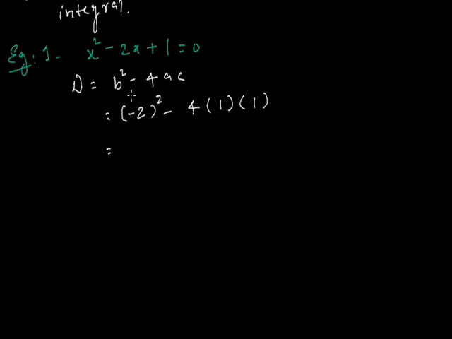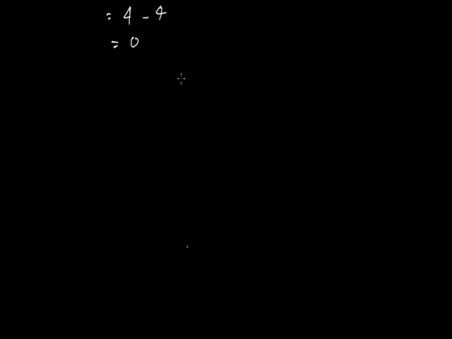Here the value of b is minus 2, the value of c is 1 and the value of a is 1. So we get the value of D as 4 minus 4 equal to 0. Here the discriminant becomes 0. So we can say that the roots of the given quadratic equation are equal.